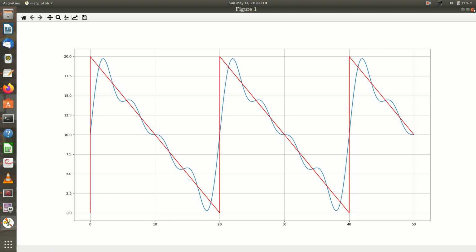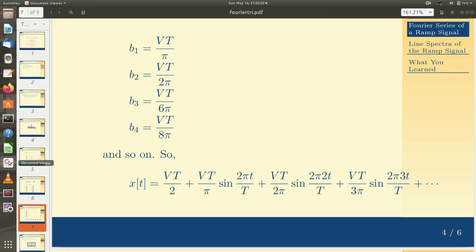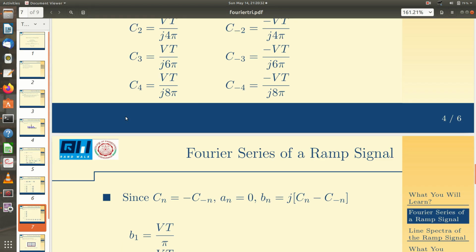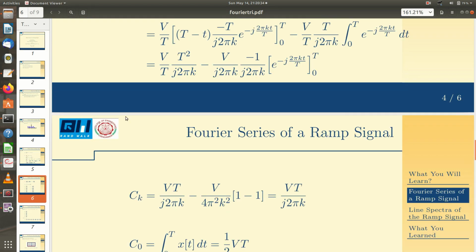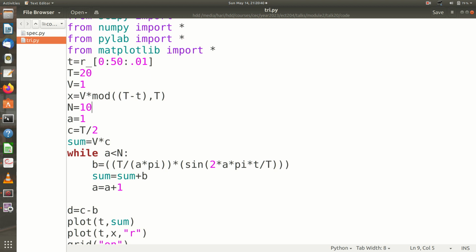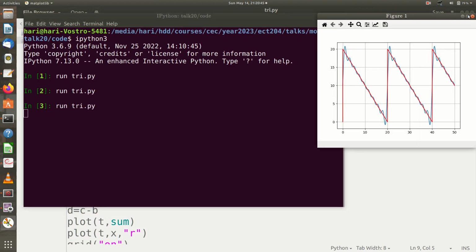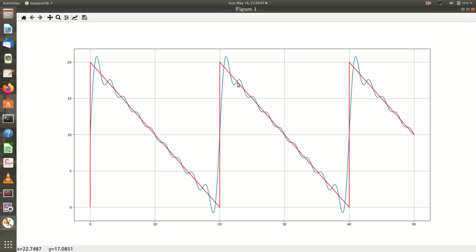Now let us add 10 terms. Now you can see that it is becoming closer to your original ramp signal.